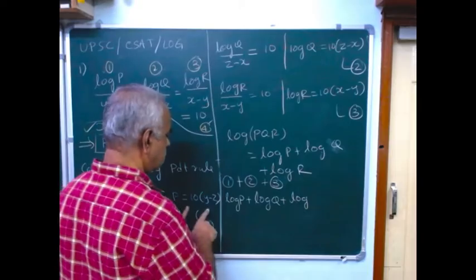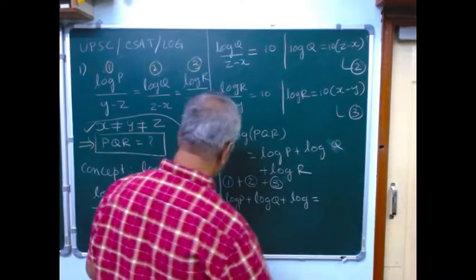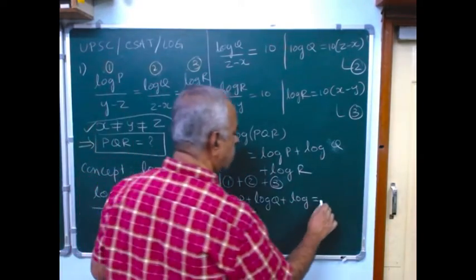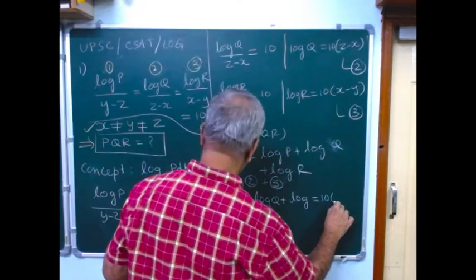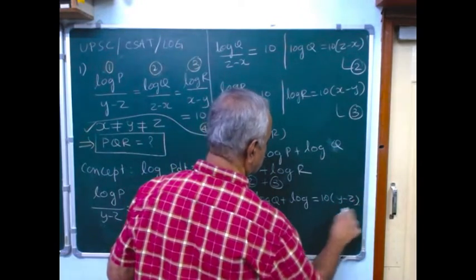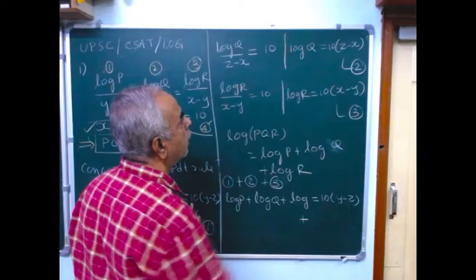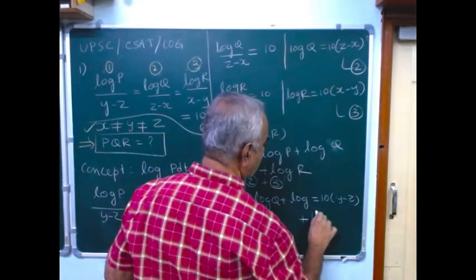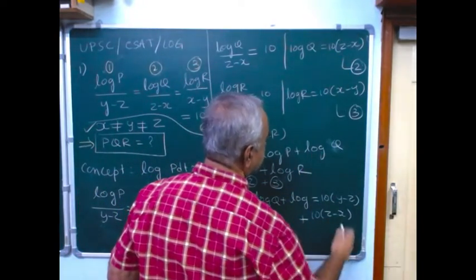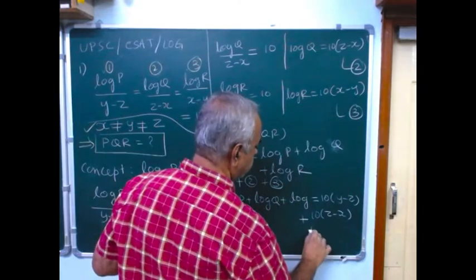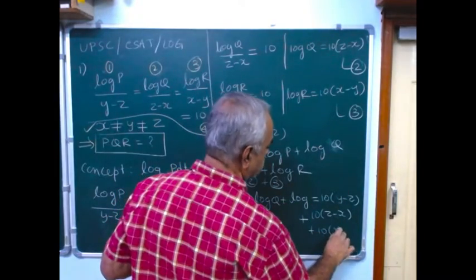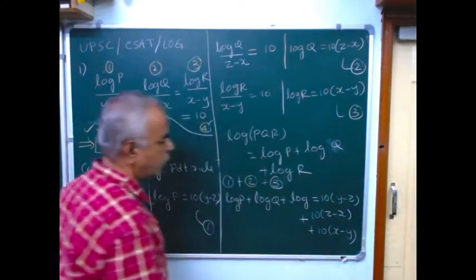So this is LHS, this is RHS, and that is equal to 10 of y minus z, plus, in the second equation, 10 of z minus x, and in the third equation, 10 of x minus y, right?